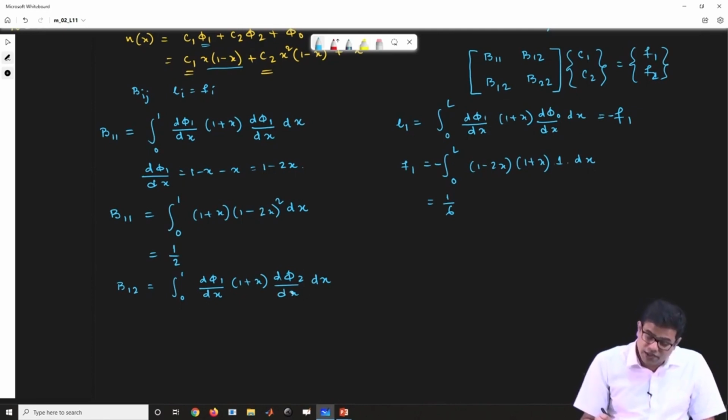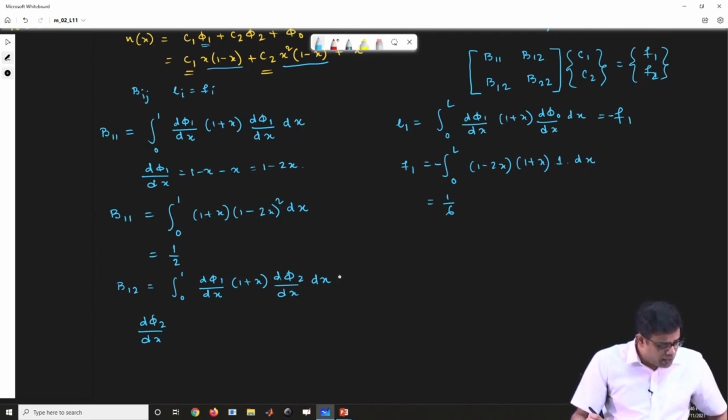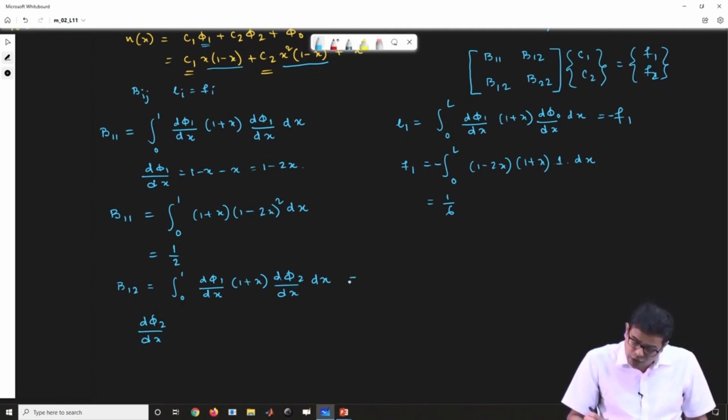Now what is phi 2? Phi 2 is this: x square into 1 minus x. So we can calculate d phi 2 by dx, substitute, and find out this b12. B12 I have calculated earlier, so that is 17 by 60.